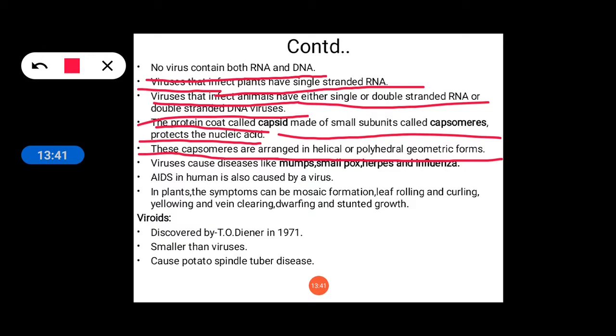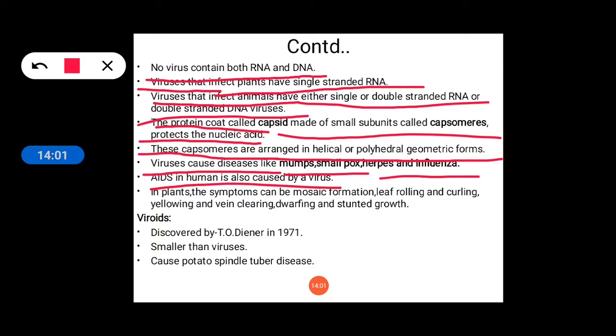Viruses cause diseases like mumps, smallpox, herpes, and influenza. AIDS in humans is also caused by a virus. I think you all have heard of the disease known as AIDS. It is caused by the human immunodeficiency virus, HIV.